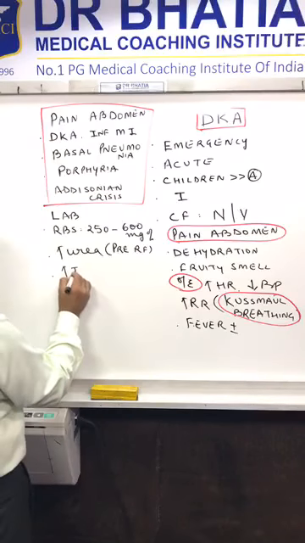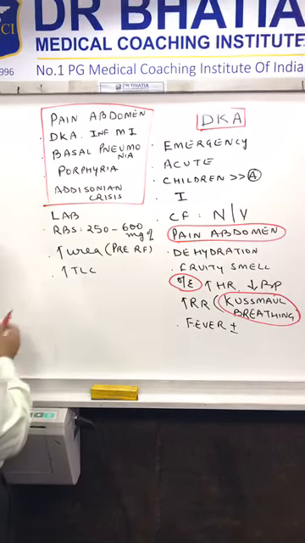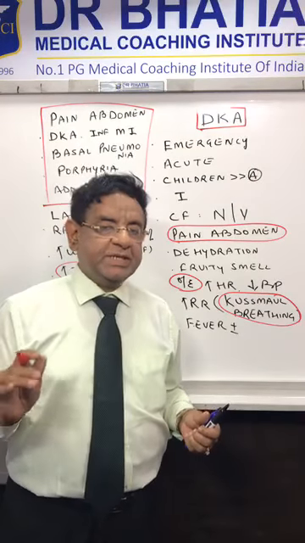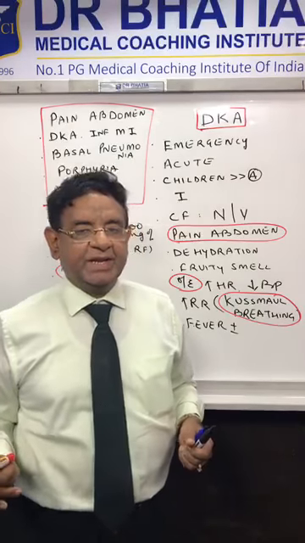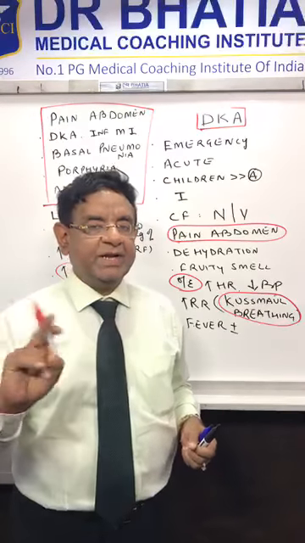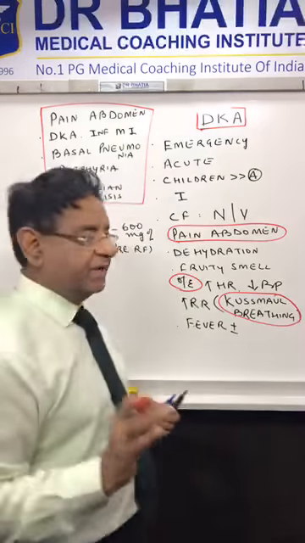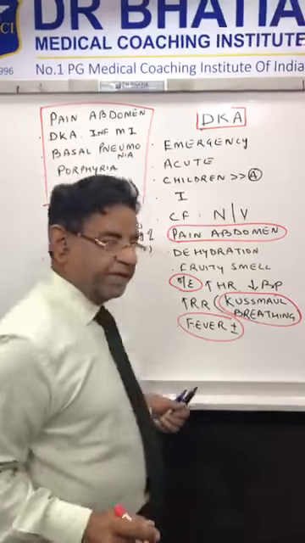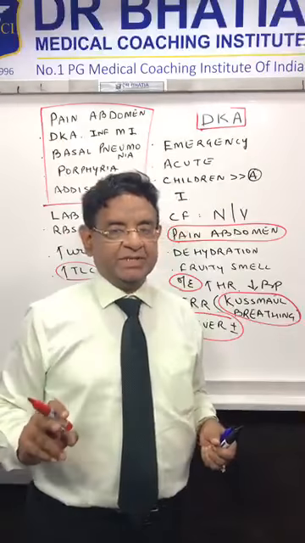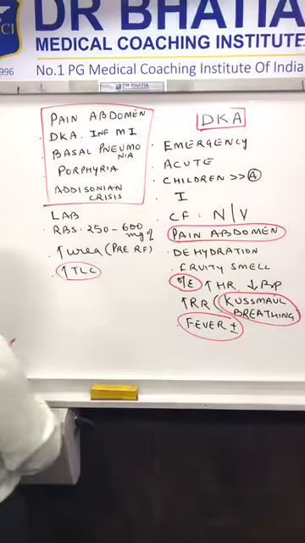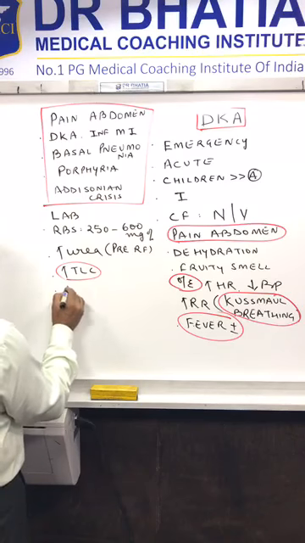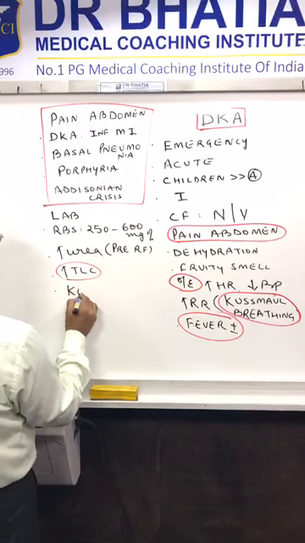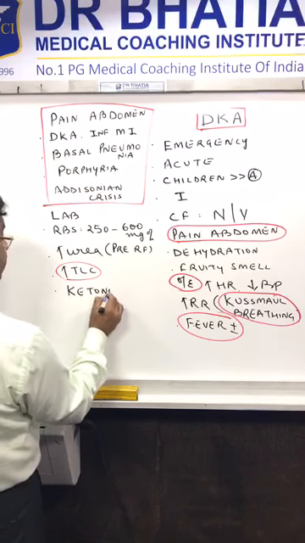TLC count is raised. This is a very important point. That means leukocytosis is a feature of DKA. It does not indicate infection. Infection is shown by presence of fever. If fever is there, that means infection is there. Then urine ketones are positive.